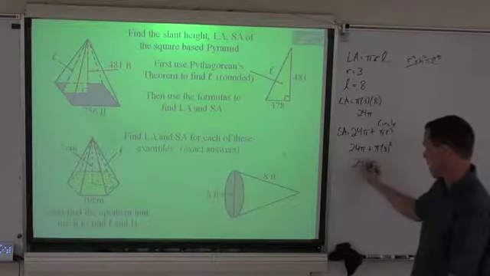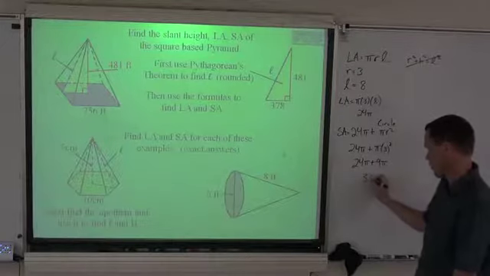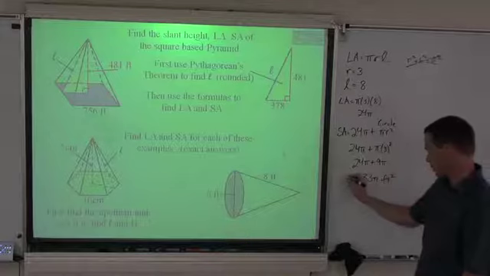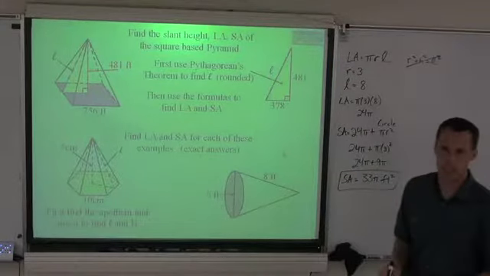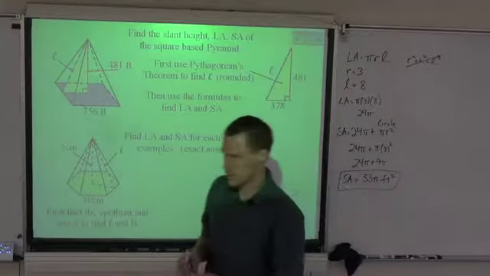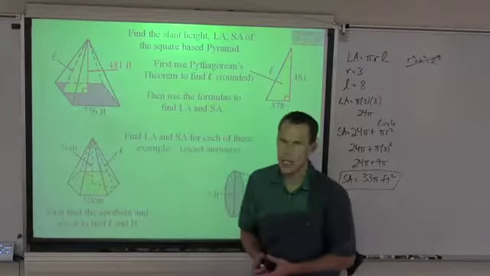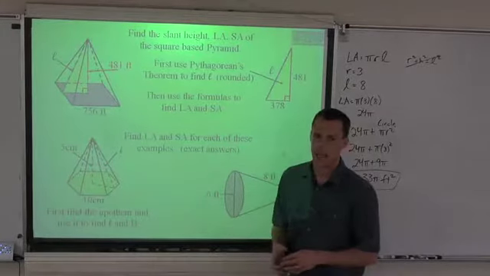So 24 pi plus 9 pi. 33 pi. Again, this is the exact answer where I will leave it for today. You can use your calculator to create the decimal version of this answer. That's it for Chapter 11, Section 3, the surface area of pyramids and of cones.